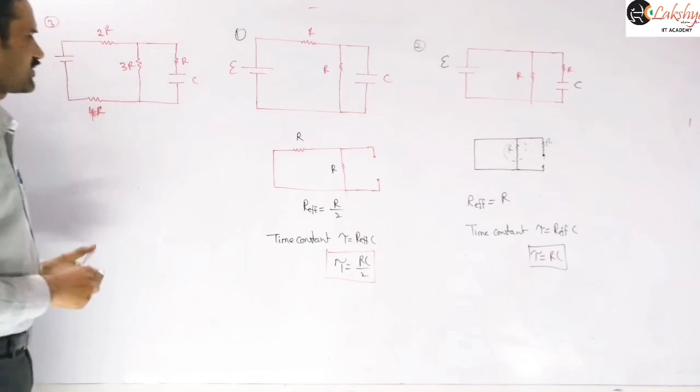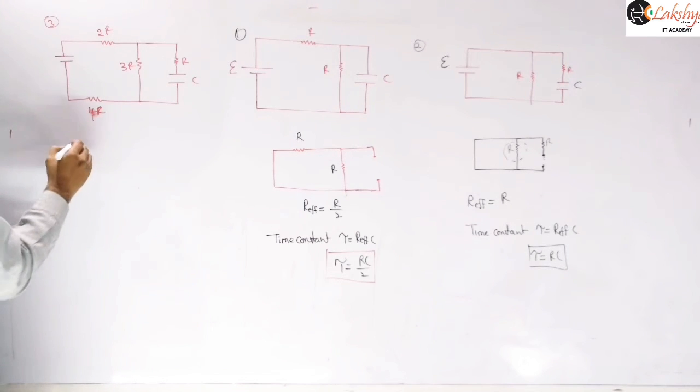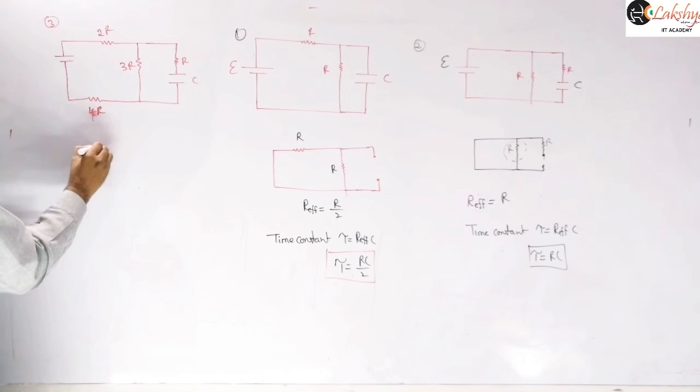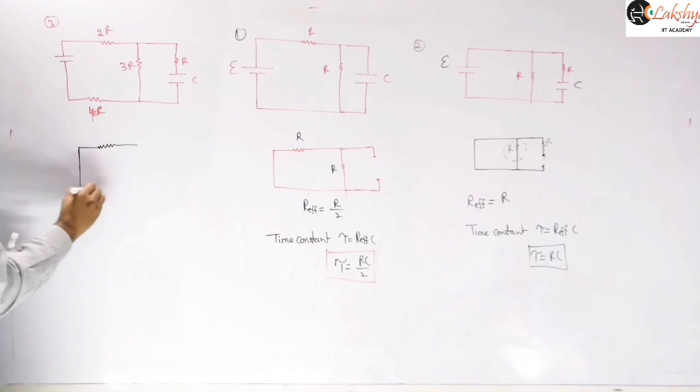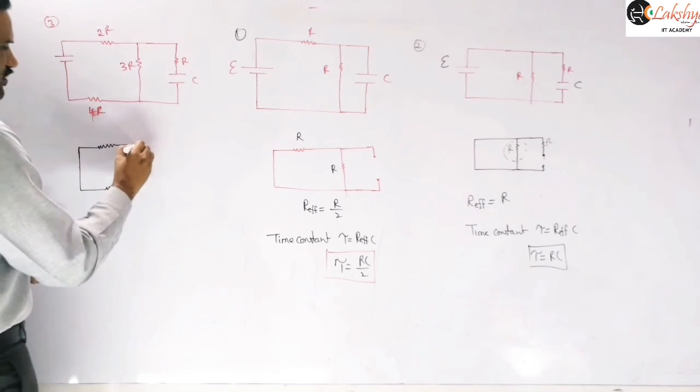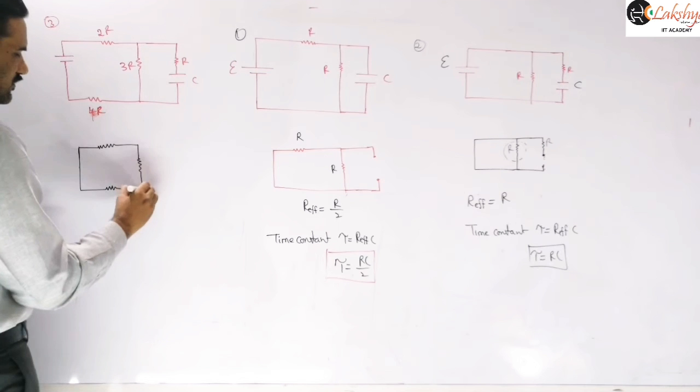Our procedure is, we replace the cell by a conducting wire. Then the resulting circuit I am drawing like this.